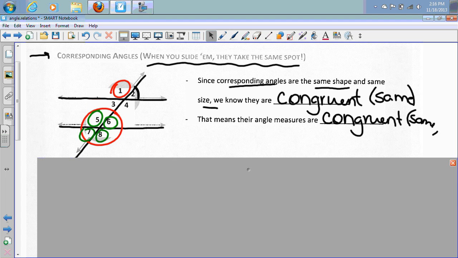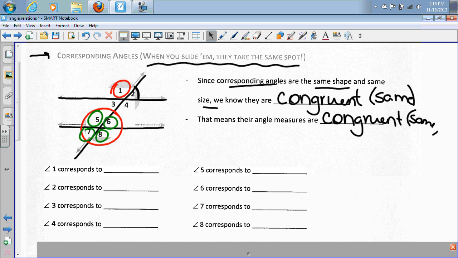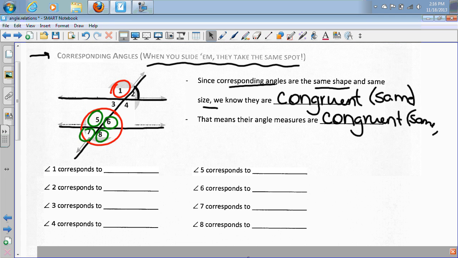So if we go down and look at this situation, 1 in the upper left corresponds to 5 because it's also in the upper left. 2 being in the upper right corresponds to 6. 3 corresponds to 7, and 4 corresponds to 8.